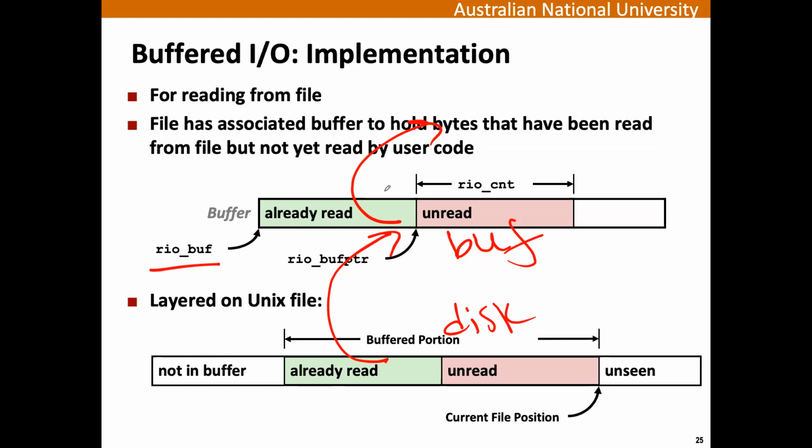Right, so there are certain restrictions. If you mix buffered RIO functions with unbuffered RIO functions, it's not safe, because the unbuffered versions will move the file position, and the buffered version will get confused about where the file position is.